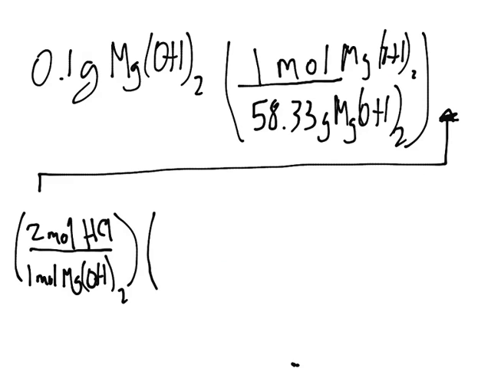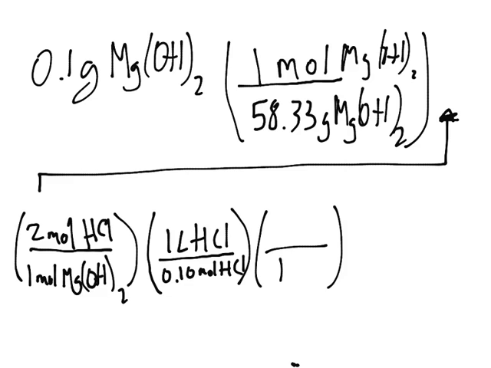So we're going to say that for hydrogen chloride, 0.10 moles of hydrogen chloride, there is going to be 1 liter of hydrogen chloride, right? That is using our molar conversion, the molarity they gave us. But you want your answer in milliliters, so you go from 1 liter to milliliters, which is just 1,000 milliliters.